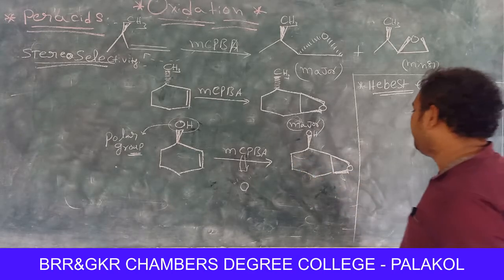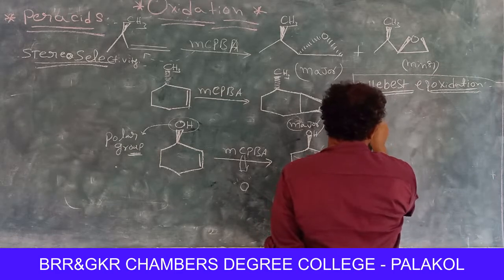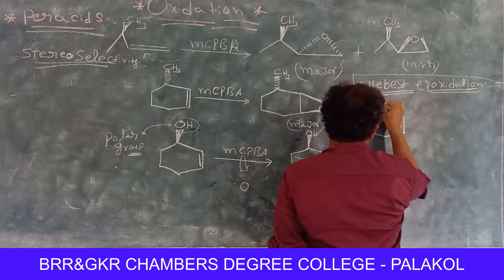Suppose I am writing a mechanism here for Henbest epoxidation. Suppose this is the double bond and this is the polar group again.